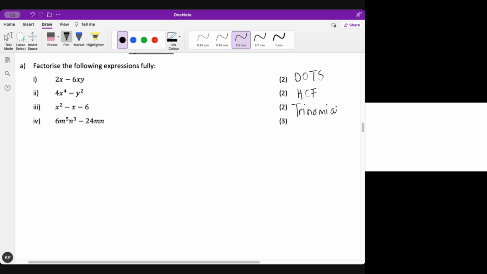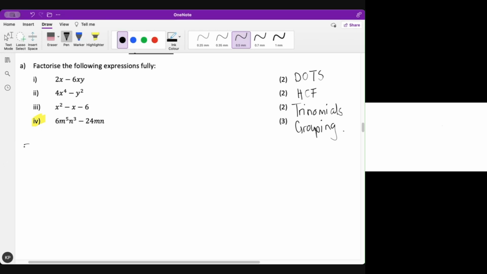It's my pleasure. Okay, so out of these 3, what do you think we're going to use for number 4? And grouping. Thank you very much, Ellen. There's grouping as well. Okay. We're going to use HCF. You guys are 100% correct.